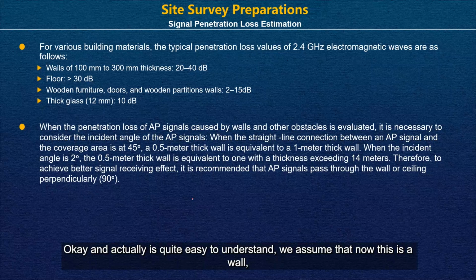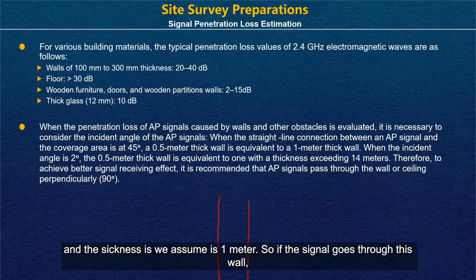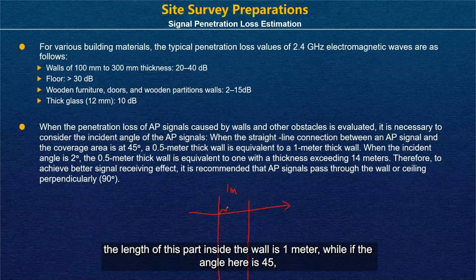Actually, it's quite easy to understand. We assume that this is a wall, and the thickness is 1 meter. If a signal goes through this wall perpendicularly, the length of this part inside the wall is 1 meter.